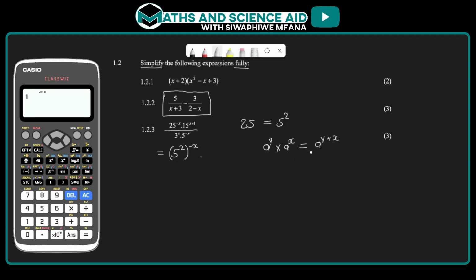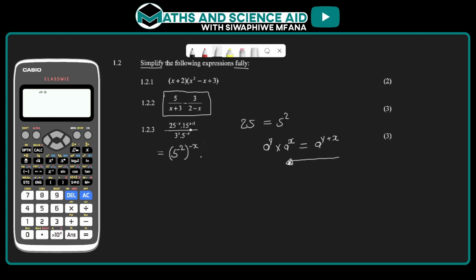And I'm sure you remember because we have spoken about this law already. So what we can do is make use of this law, but this time around we are going to apply it in this direction, because we have an exponent here which is written in this form. So we can write it in this form, okay? So we are moving from the right hand side to the left hand side, okay?